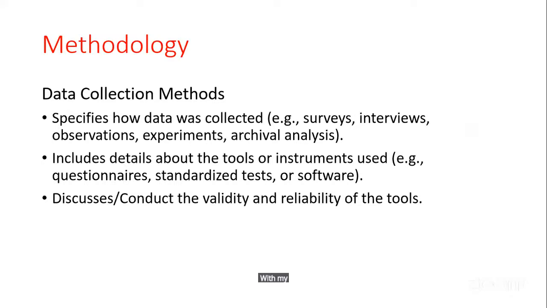Mercury manometer. Mercury is the standard. So you have to validate your phone with that mercury manometer. And validity is the ability of the instrument to measure what it is purported to measure.